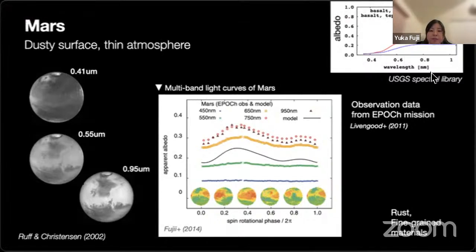And the upper right figure shows that smaller particle size results in higher albedo due to efficient scattering. And so current understanding suggests that the Martian dust probably formed in the presence of liquid water and weathering, so it's related to the past presence of water. So such information is also very important to decode what the surface environment used to be.